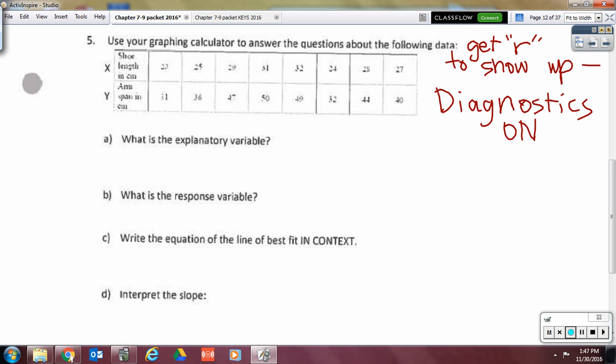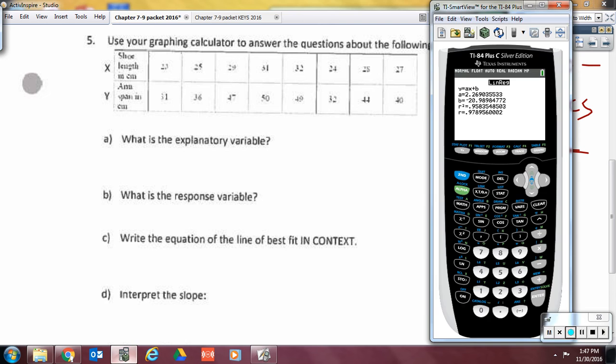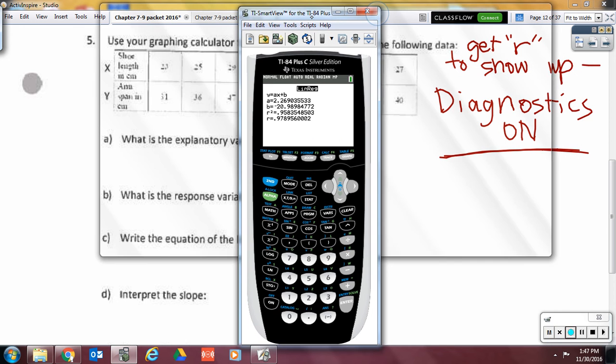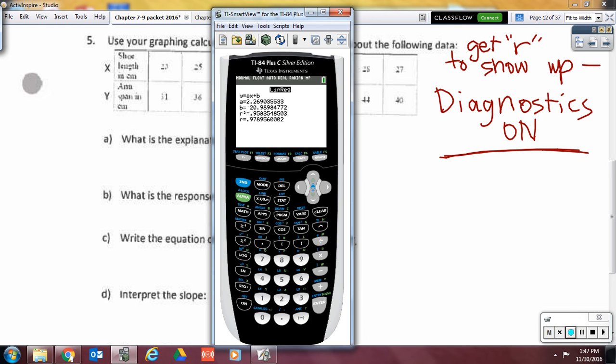That's what you have to do. To get R to show up, you have to turn the diagnostics on. Now, there are 2 ways that you can do that. I'm going to show you the easiest way, but it happens to only work on the newer calculators. If you have one of the newer calculators, then your menu is all set up and it's super nice.